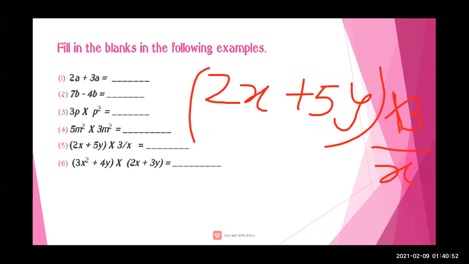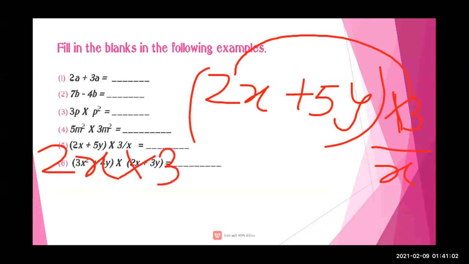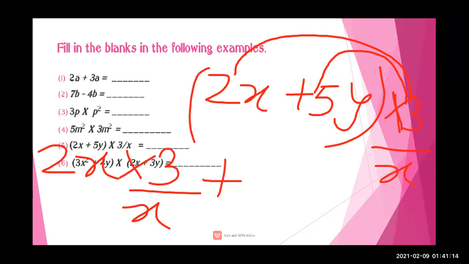First this should multiply by 2x, so 2x multiply by 3 upon x. Then there is a plus sign, you have to put the plus sign only. Once again this 3 upon x should multiply by 5y. So here 5y multiply by 3 upon x.